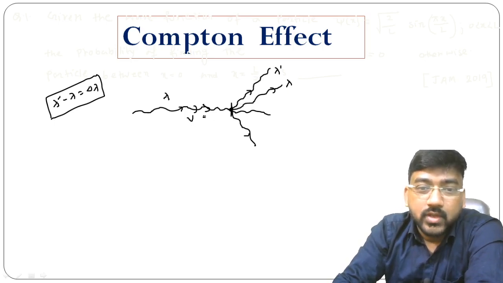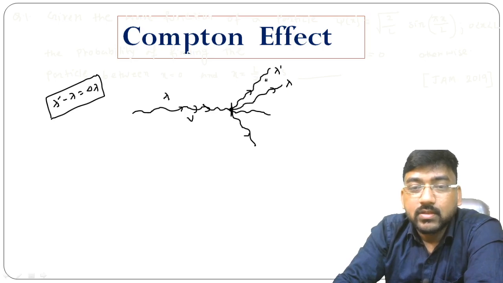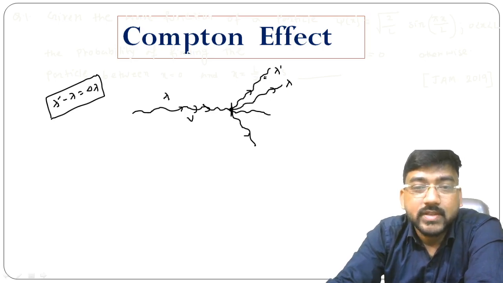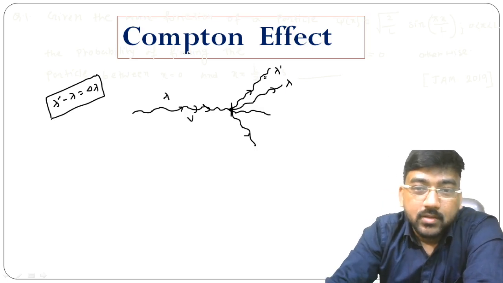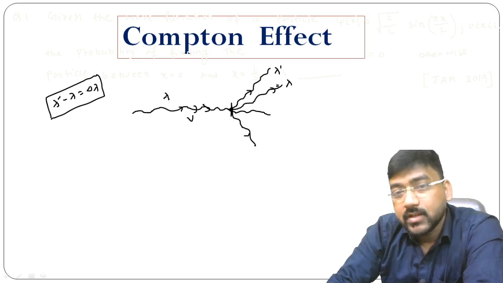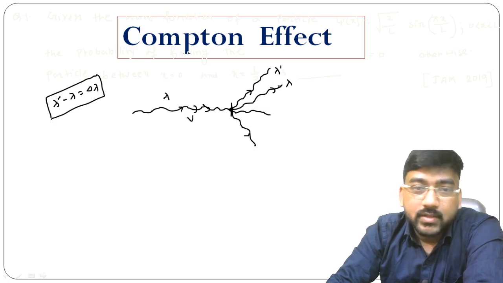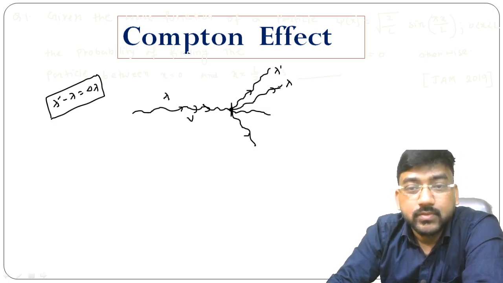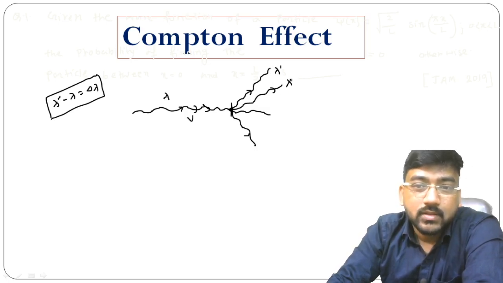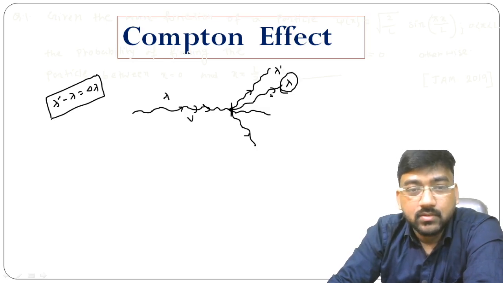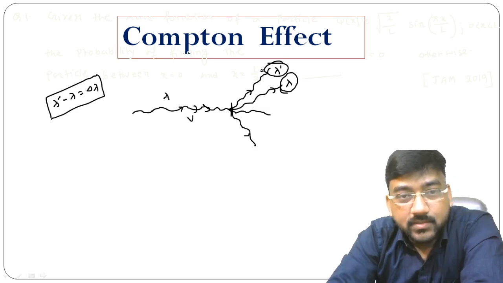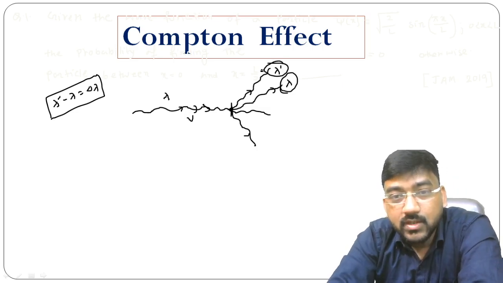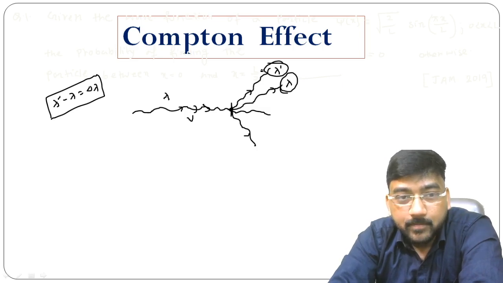So the frequency as well as the wavelength should be the same for the scattered radiation according to classical electromagnetic theory. But Compton observed two different intensity peaks, or two different wavelengths: one is as expected, that is lambda, the same as the incident radiation, but the other is unexpected, which is lambda dash, and that cannot be explained by classical electromagnetic theory.